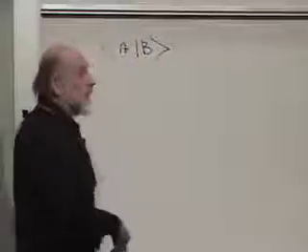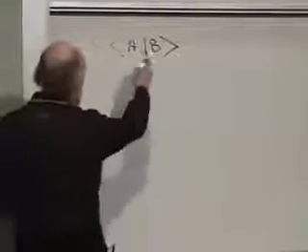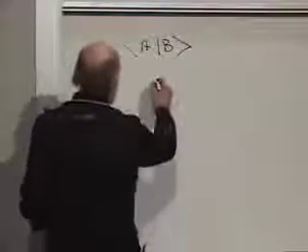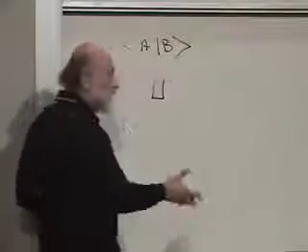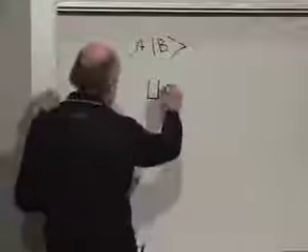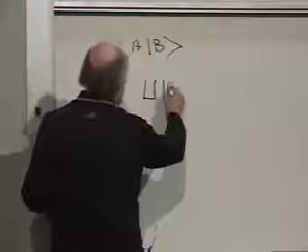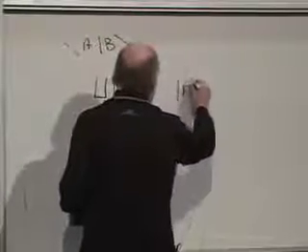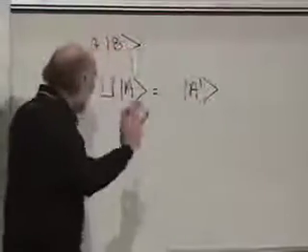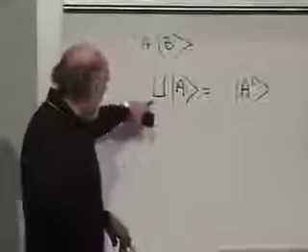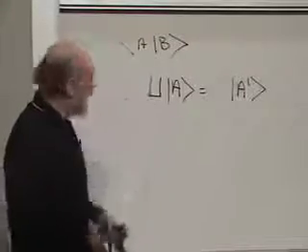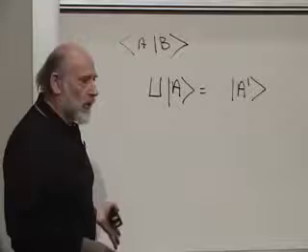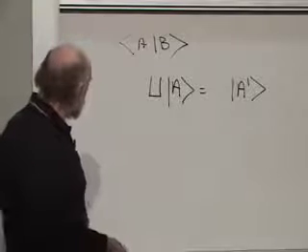Now, let's imagine a transformation which can act on any vector. Let's call it U. U stands for unitary, but for the moment we don't even know what that means. Such that U on A is equal to A prime. For every A, there's an A prime obtained by acting with some linear operator called U. All right?